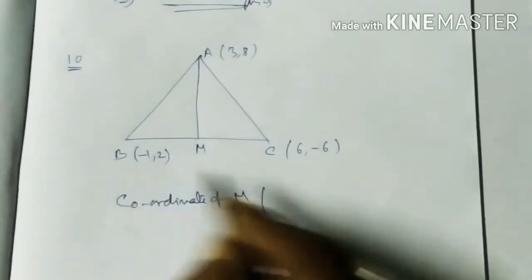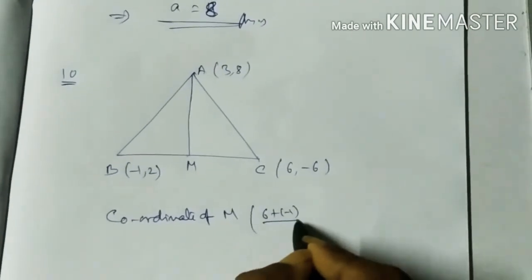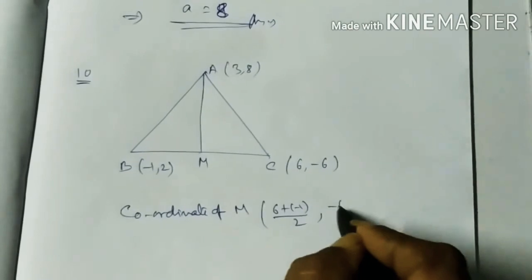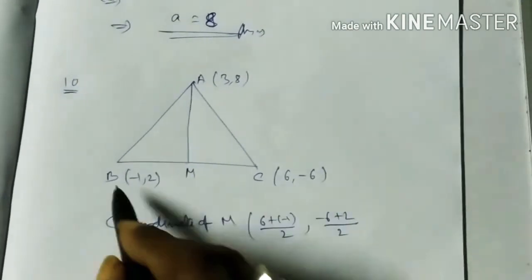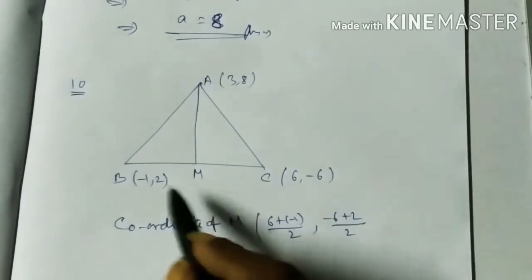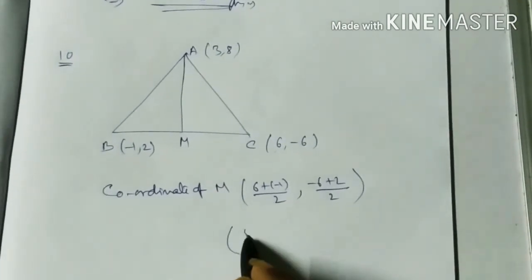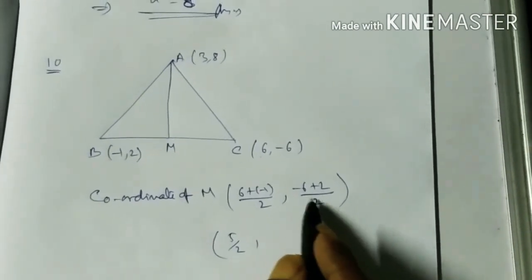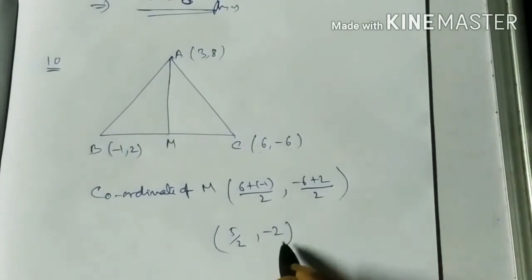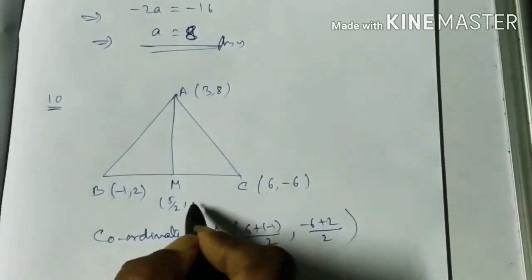The coordinate of M is 6 plus minus 1 by 2 and minus 6 plus 2 by 2. This is x1 plus x2 by 2 and y1 plus y2 by 2. So this comes out to be 5 by 2 and minus 4 by 2, that is minus 2. So the coordinate of M is 5 by 2 comma minus 2.